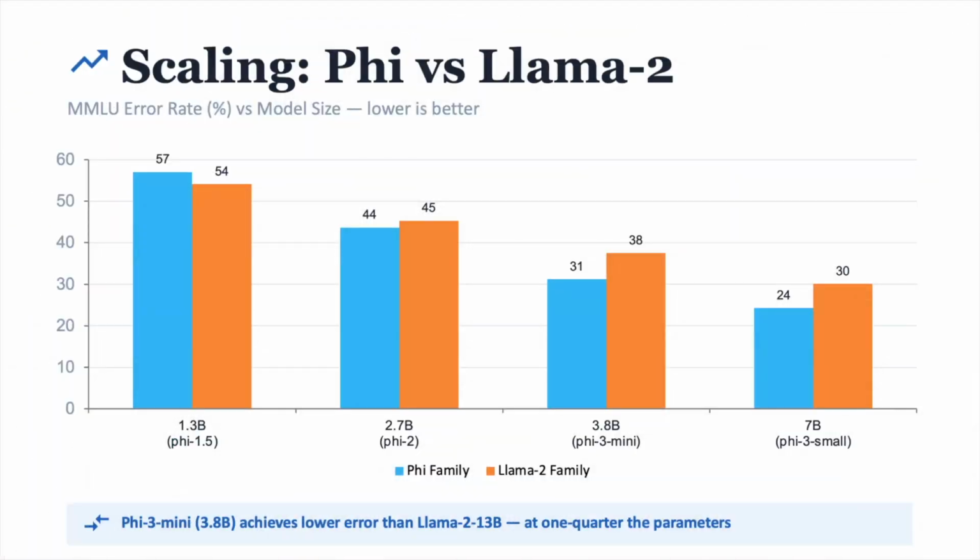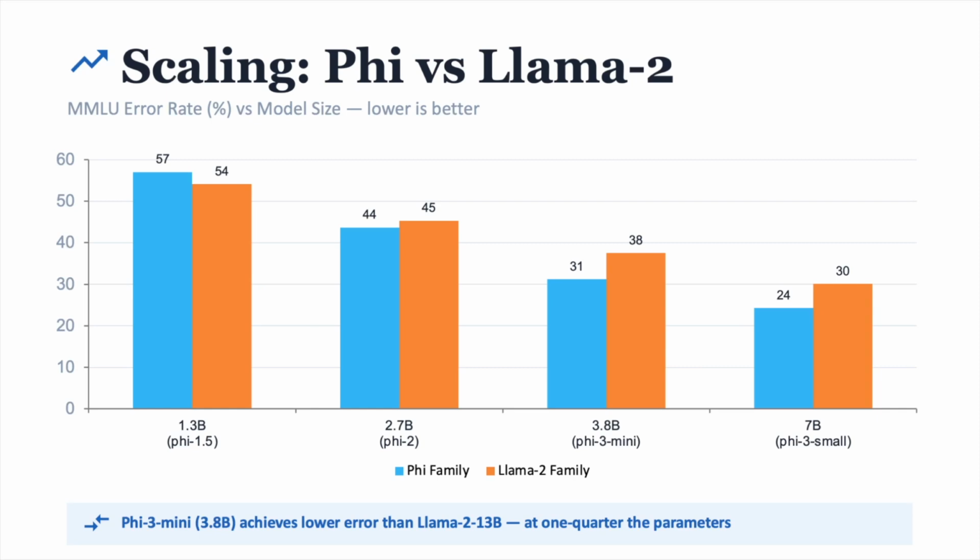This chart makes the main point very clear. If you compare the slope of the Phi curve with Llama 2, the difference is striking. Phi-3 Mini with 3.8 billion parameters reaches a lower MMLU error rate than Llama 2-13B, even though the Llama model is more than 3 times larger.